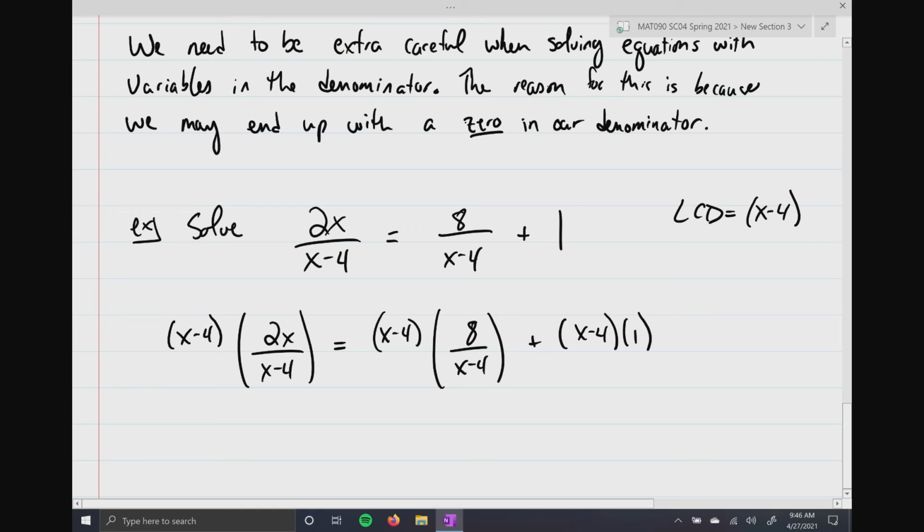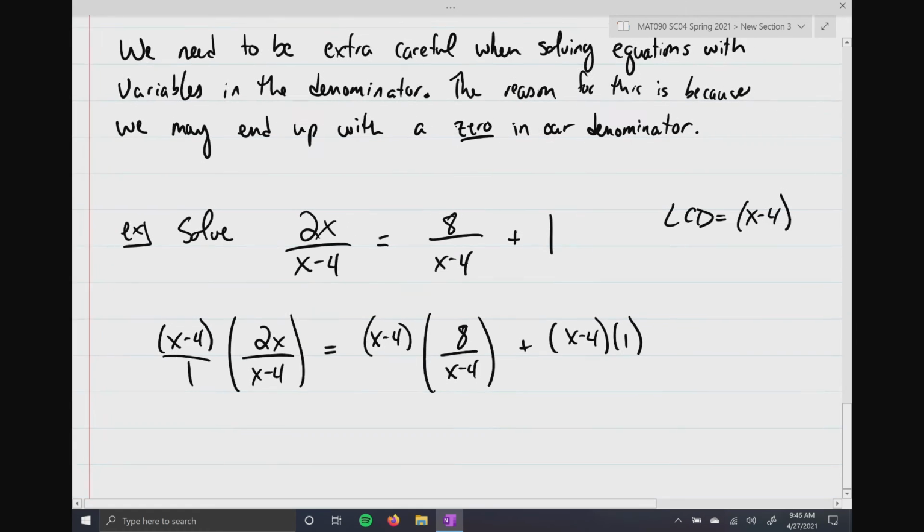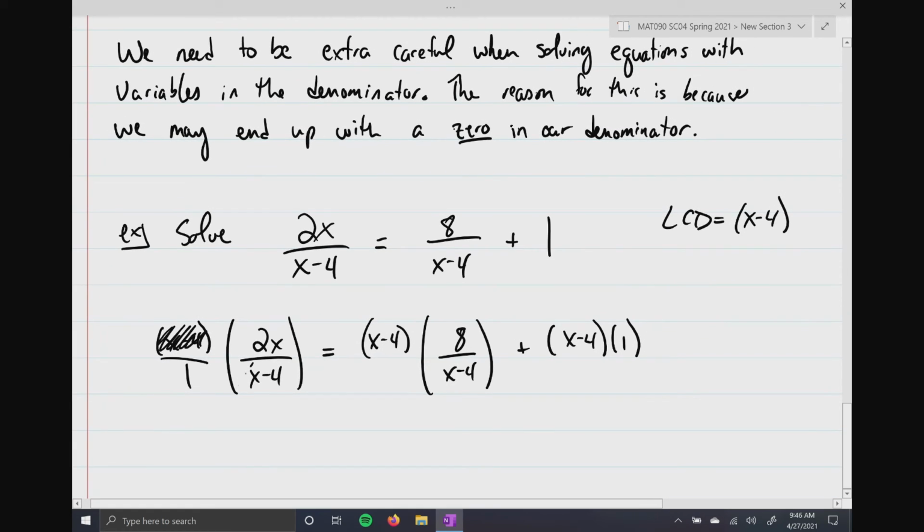Now, we're going to start over here on the left. We know if we have x minus 4 in a numerator and x minus 4 in a denominator, they will reduce. I'm left over with 2 times x. Middle fraction. I have an x minus 4 in the numerator, x minus 4 in my denominator. I'm left over with an 8.